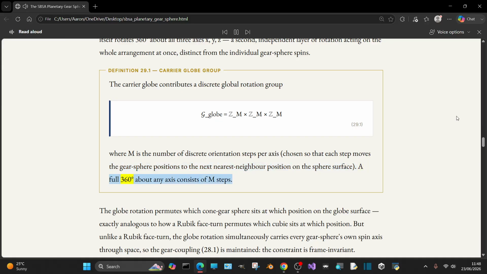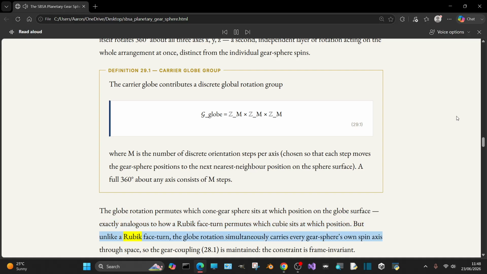A full 360 degrees about any axis consists of m steps. The globe rotation permutes which cone gear sphere sits at which position on the globe surface, exactly analogous to how a Rubik's face turn permutes which cubie sits at which position.